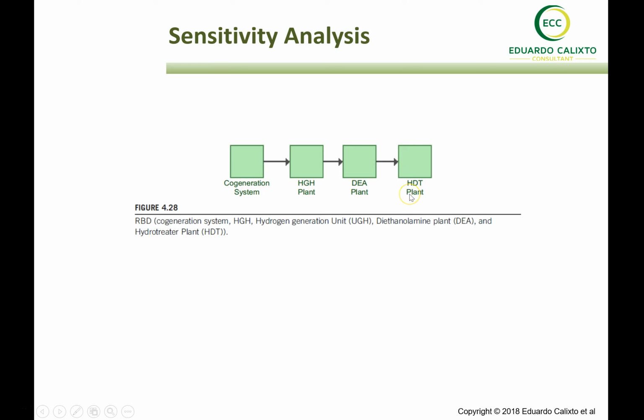So in the end, I will see the real impact of other plants on my plant and the real operational availability I will get, not only concerning the equipment inside this plant, but also the other system effects. Sensitivity analysis is very important to assess the impact of other systems, and to know if I need to improve performance in other systems in order to achieve the performance I wanted for my main process, and we define it during the design.